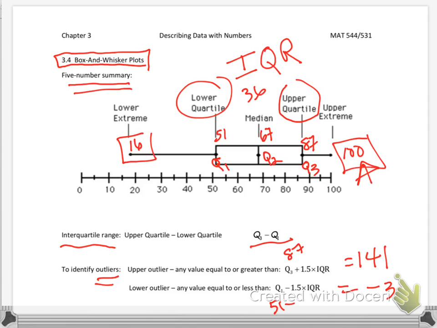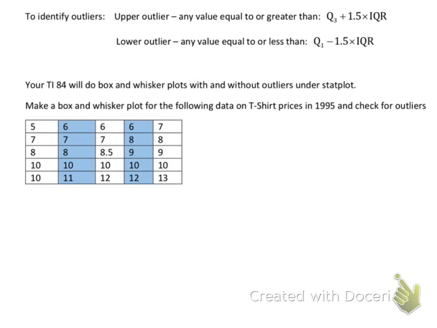So let's talk about another data set and see if you can understand how to use your TI-84 to do the box and whiskers plot. Okay, so here is a data set, and I want you to make a box and whiskers plot for this.